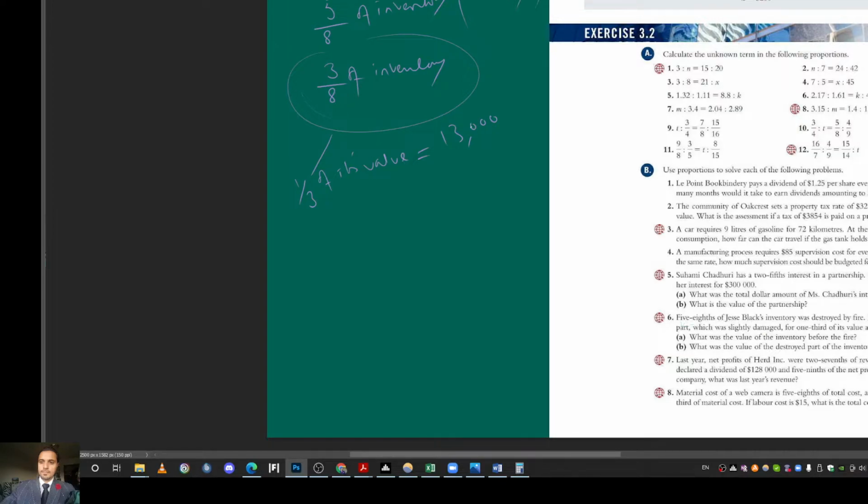He sold it for 1/3 of its value. So if 1/3 of it is 13,000, then its full value would just be 13,000 times 3, because this is 1/3. So this 3 gets multiplied there, and that would be the full value. So that would be 39,000.